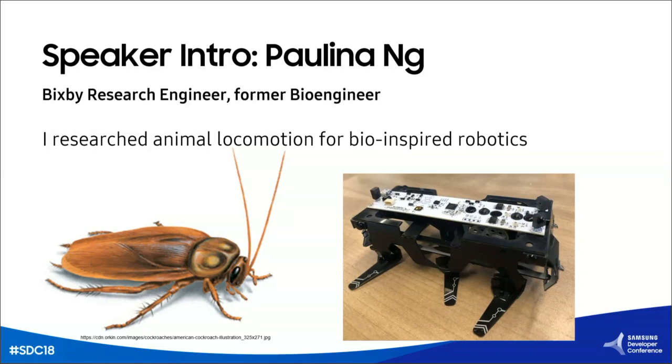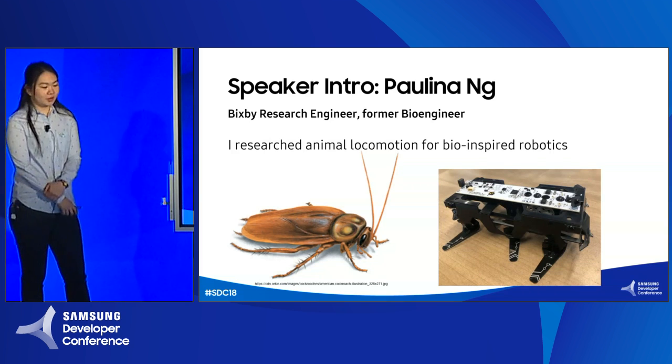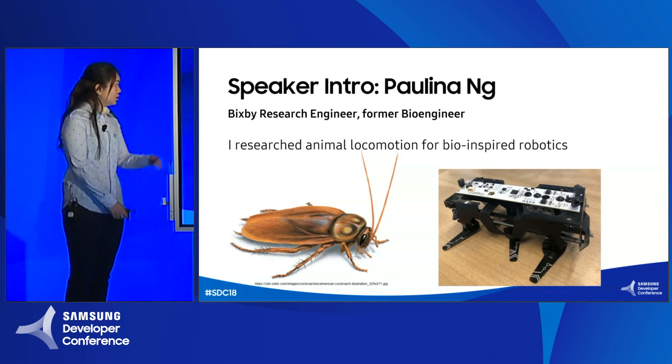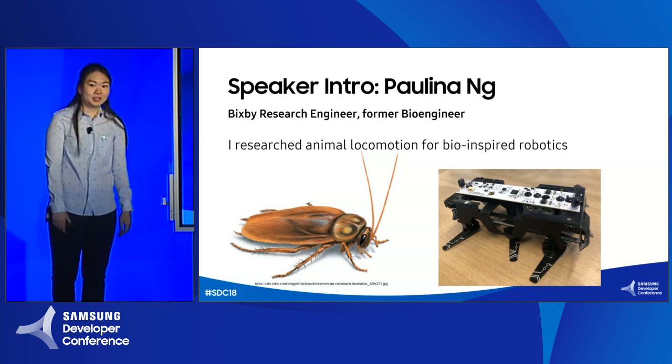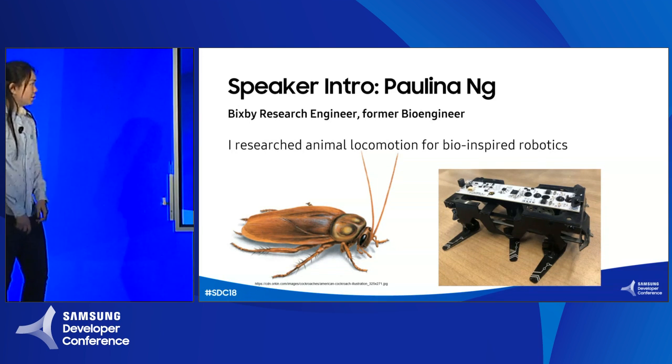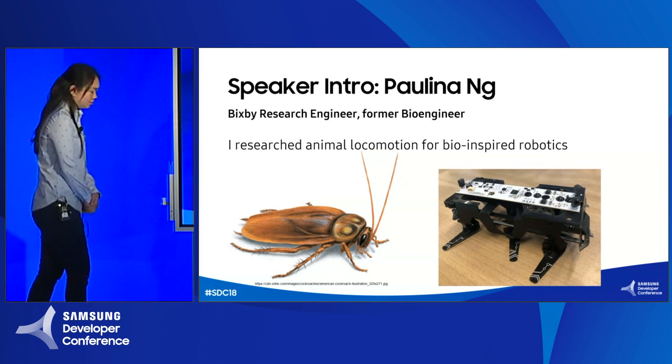Like Alex, I don't have a traditional computer science background. I studied bioengineering in college, and I researched animals to understand the mechanics behind their movement, and then directly applied that to robotics. So we studied the American cockroach, which is the fastest land invertebrate, and we made origami robots that are some of the fastest in the world.